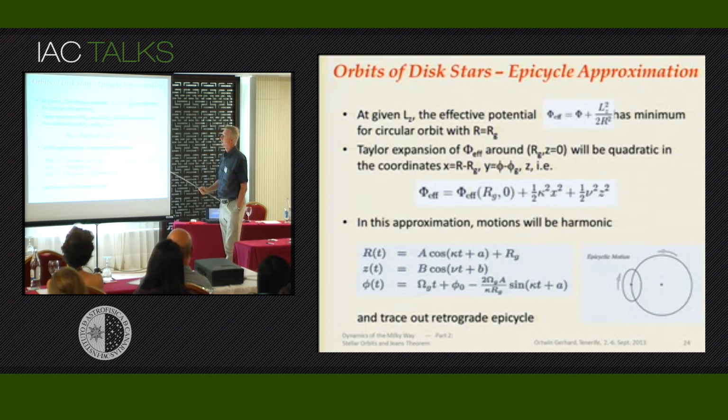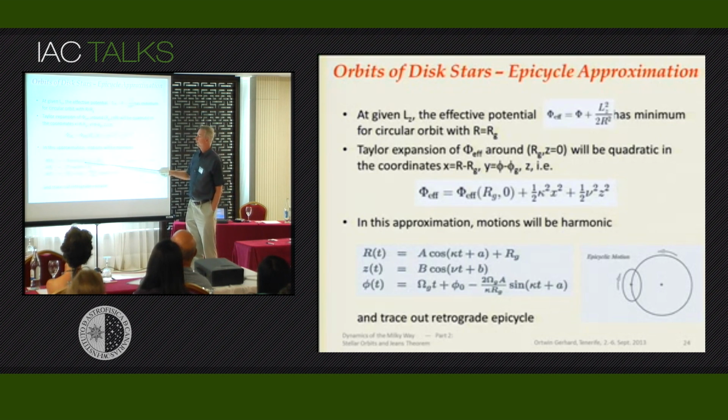And then in this approximation, there are two orbital frequencies here. This is a harmonic term, and so the quantity kappa here is the frequency that governs the radial oscillation, the so-called epicycle frequency, and this is the vertical frequency nu that governs the motions in the vertical direction.